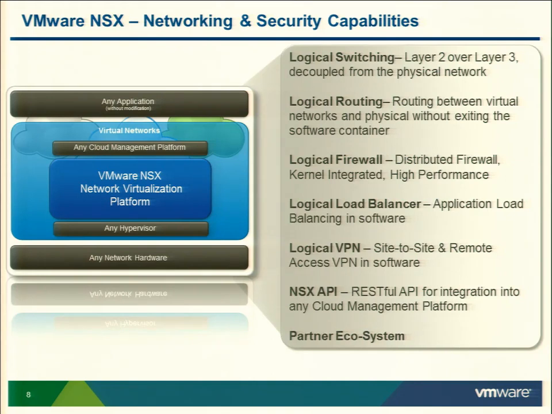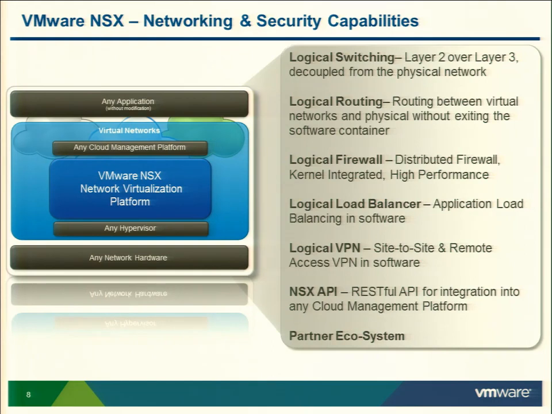And I'll get into a little bit more detail as we get into slides further along. A distributed firewall that sits closest to the workload and runs at line rate. And then, of course, from an application availability standpoint, providing a load balancer service that helps with application availability and performance.